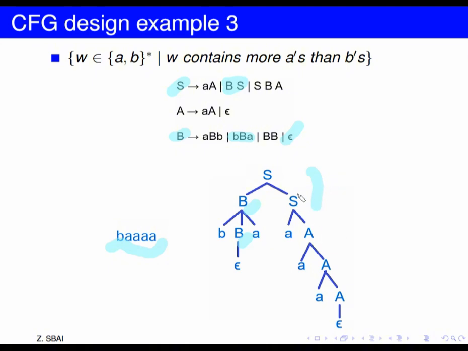Here for this S, let's say that we will choose the rule S derives AA. For this A, it will be again A derives AA. And for this A, we will choose AA, and the last A here we will choose epsilon. Now we have our string in the leaves of the parse tree, B, A, A, A, A.